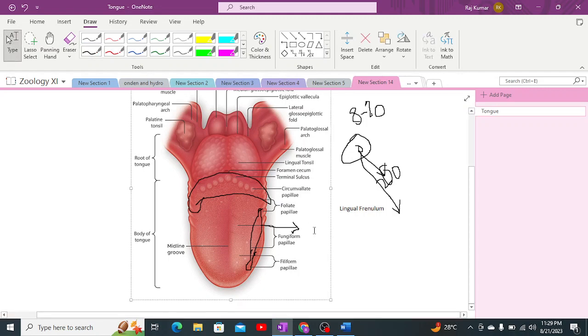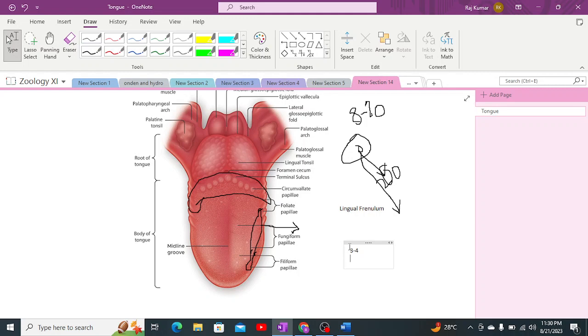Let me just write it so that I make it clear. Almost 3 to 4 taste buds are present in each fungiform papilla.